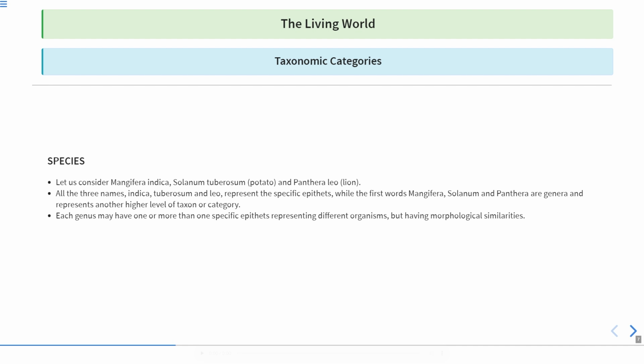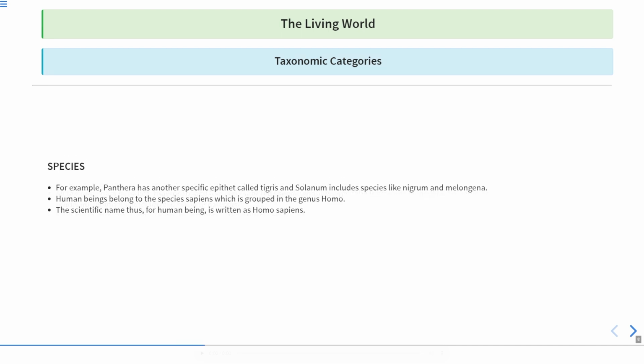For example, Panthera has another specific epithet called tigris, and Solanum includes nigrum and melongena. Human beings belong to the species sapiens, which is grouped into the genus Homo. Our scientific name is Homo sapiens. So sapiens is the specific epithet, and Homo is the genus name.